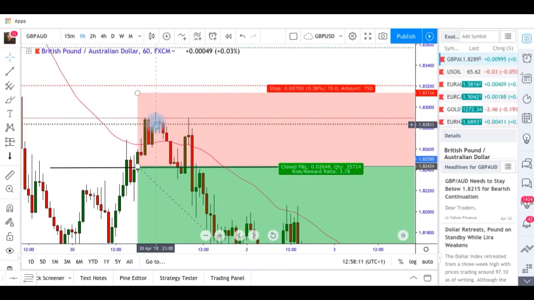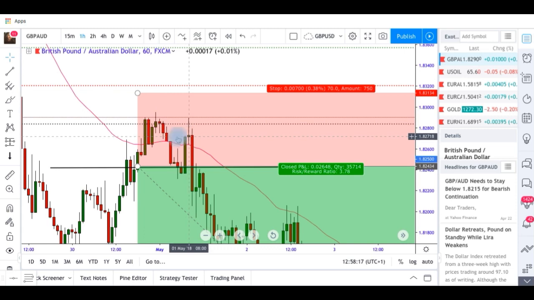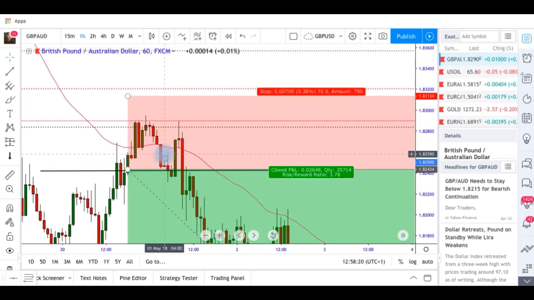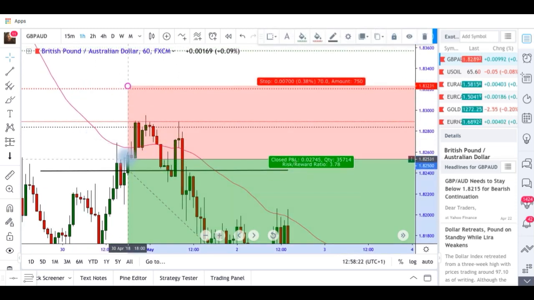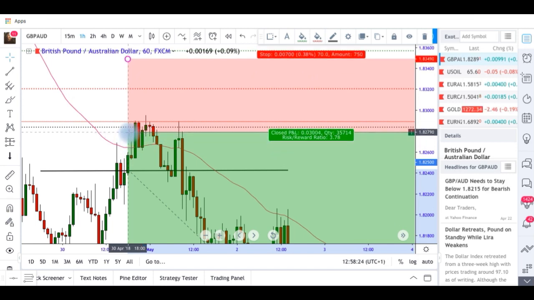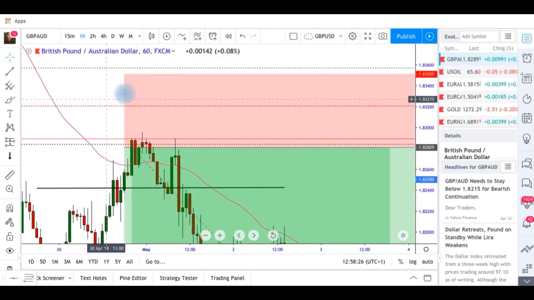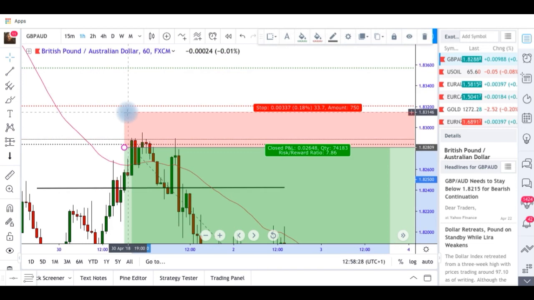You could have entered on any of these candlesticks, to be quite honest with you. You could have entered in here, this spinning top, this doji. So let's say, for example, we entered off this spinning top. It would allow us to halve our stops from 70 to 35.